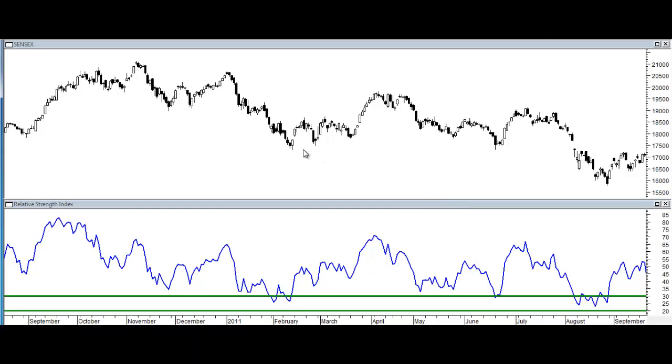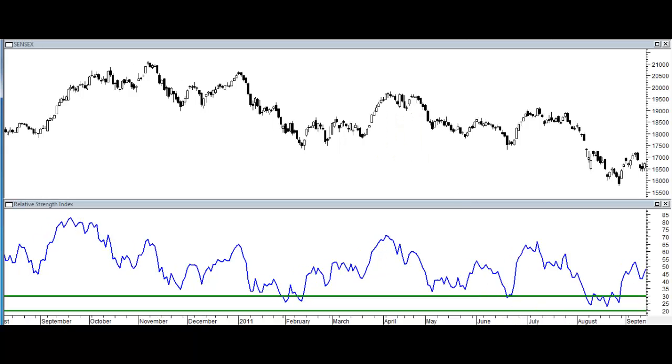Since then we made a decent bounce from 17,400 to say 18,800. So it comes to around 2,000, 2,200, 2,400 points bounce.